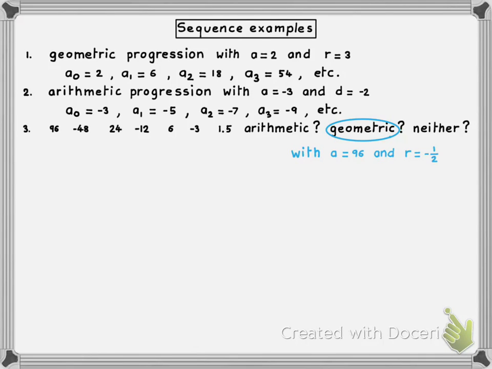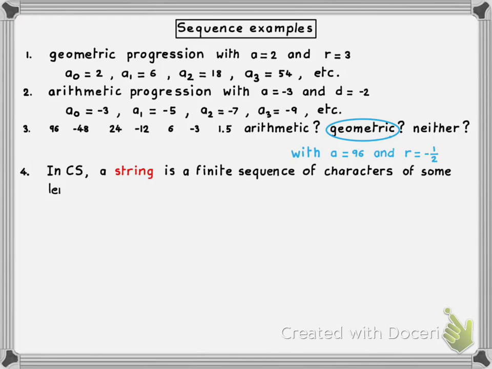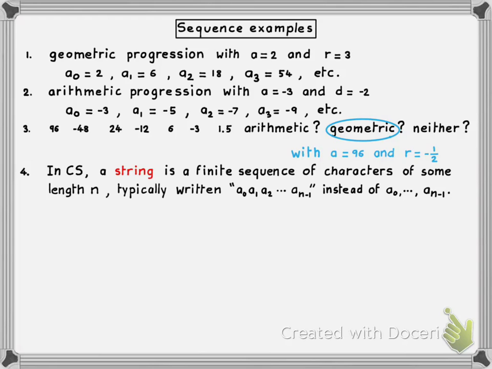Now for our last set of examples, we're going to define a concept that is a special case of a sequence, and that's called a string. Now in computer science, a string is a finite sequence of characters. The length of the sequence or string is n, and typically instead of writing the terms in a sequence separated by commas like here, we just write them down next to each other and put them between quotes, say.